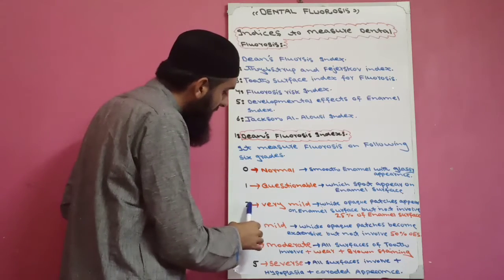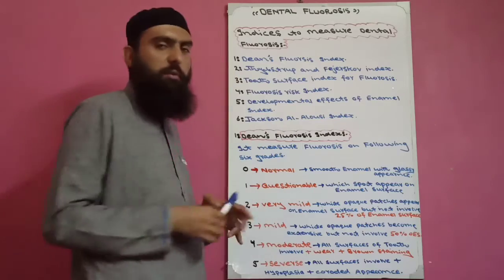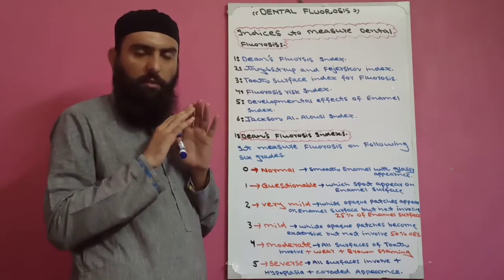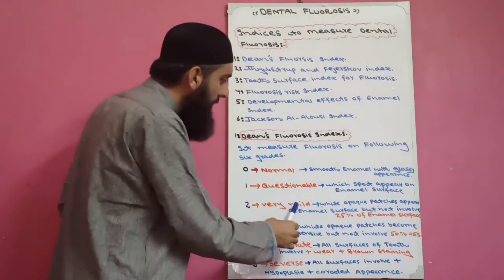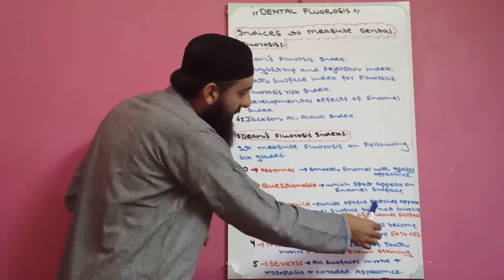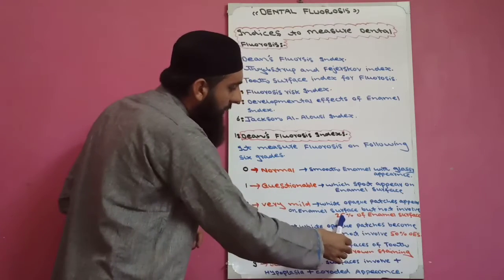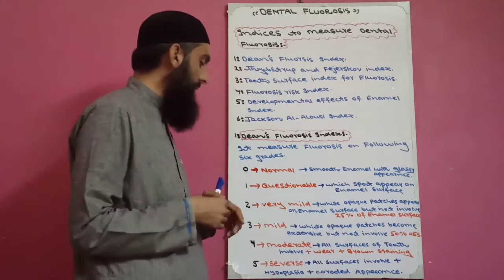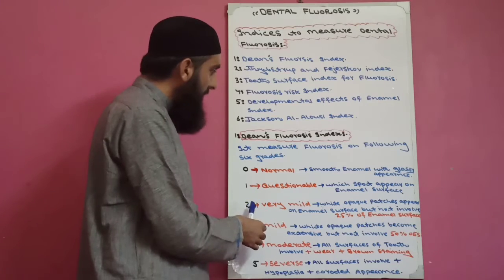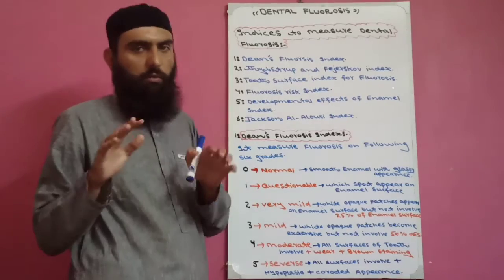If the Dean fluorosis index grade is 2, it means very mild fluorosis.